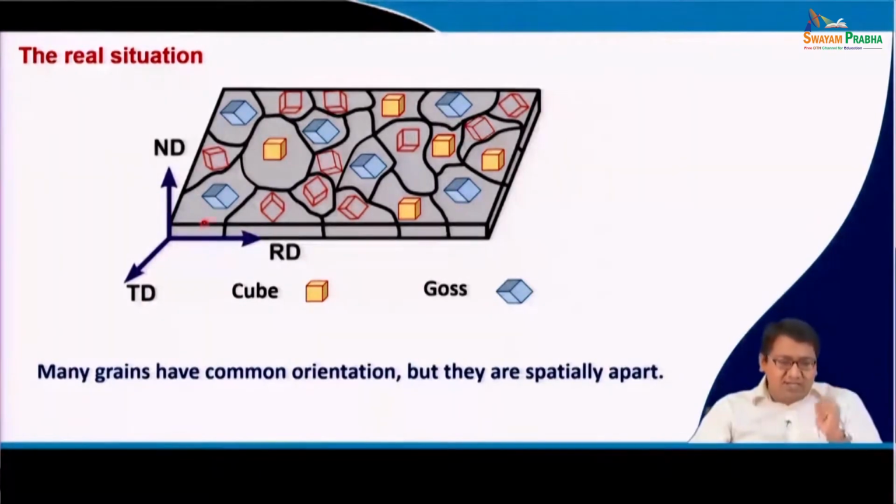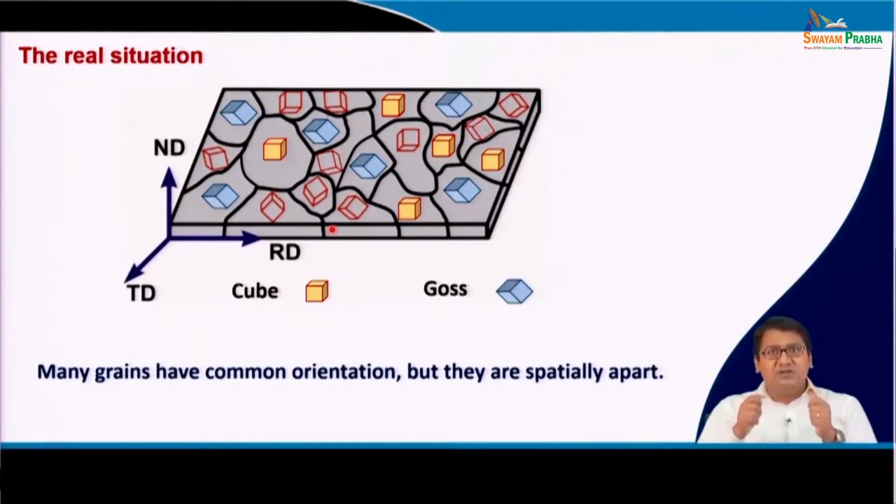And you can see that these texture components, whether it is a cube component or a Goss component, are basically spatially apart. So, no two Goss component grains are together, no two cube component grains are together.